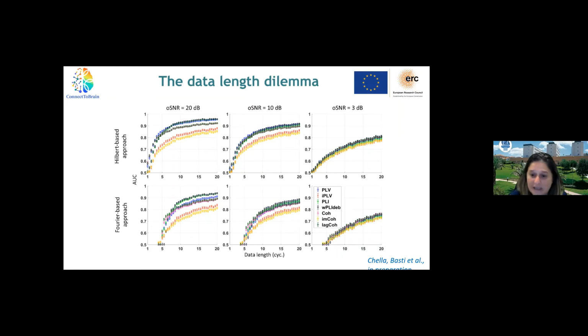What we did is derive these coupling measures both from an approach based on the Hilbert transform and on the Fourier transform, which are basically the most common and widely used. And we simulated different situations of signal to noise ratio. Specifically, in the simulation we generated our data, back projected them onto the brain, and took the signal to noise ratio of the projected data.